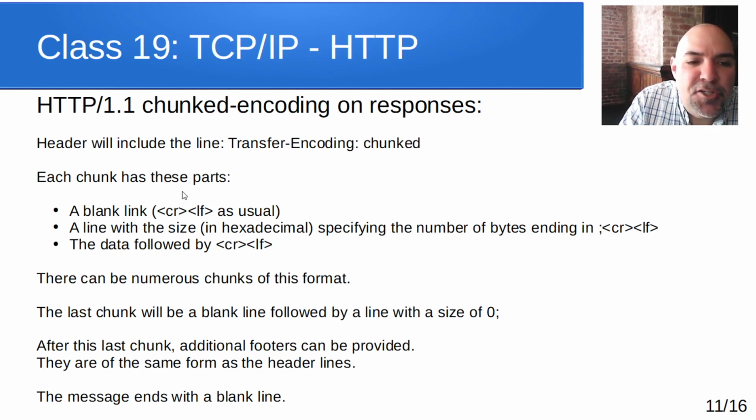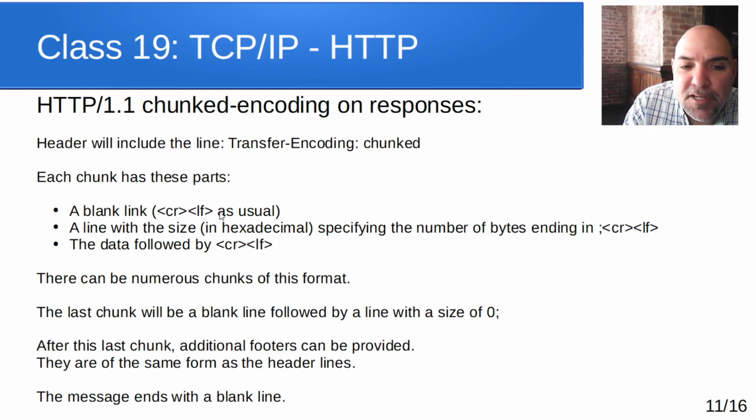Each chunk has a blank line, as there usually is before the message body, but then a line that has the size in a hexadecimal representation that specifies the number of bytes. That's going to end with a semicolon and then another carriage return line feed. And then the data is going to be sent after that. And then at the end of that, we're going to have this blank carriage return line feed by itself, again, as we did up here.